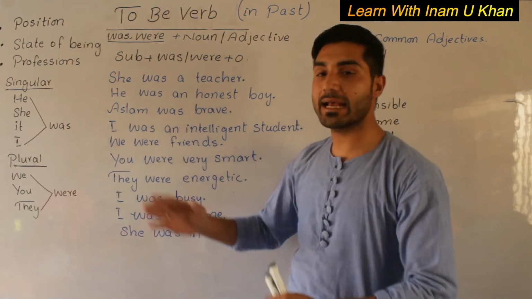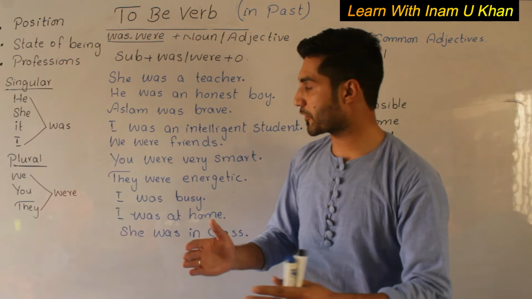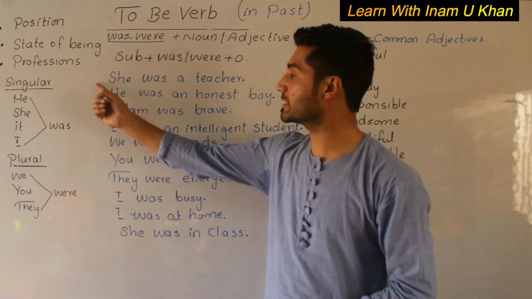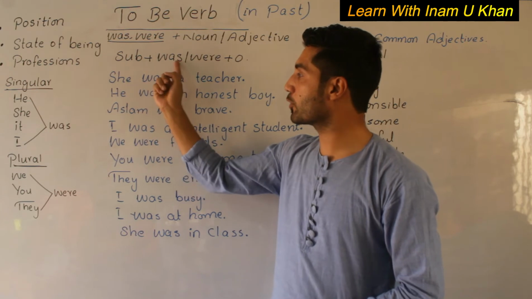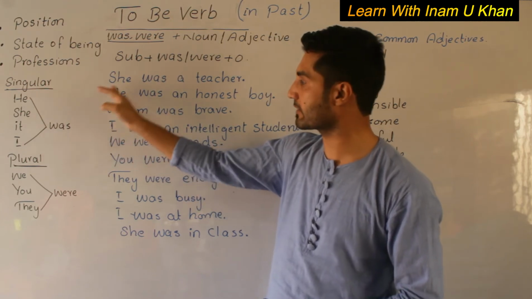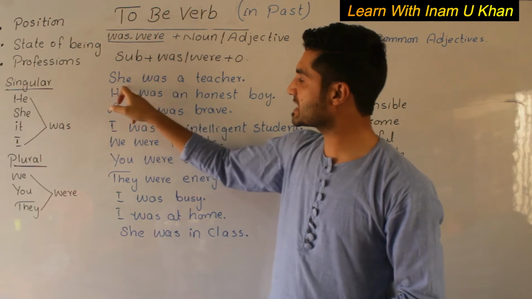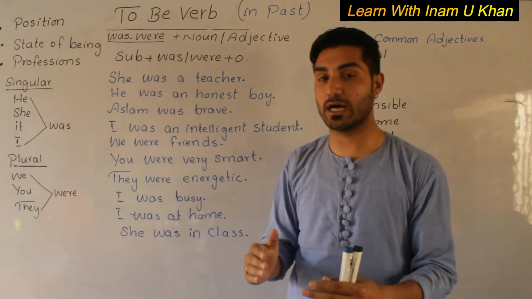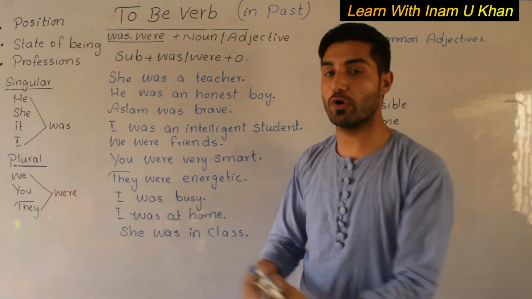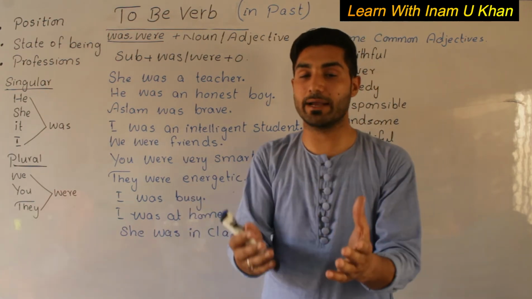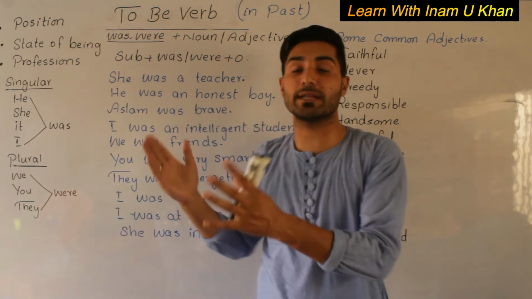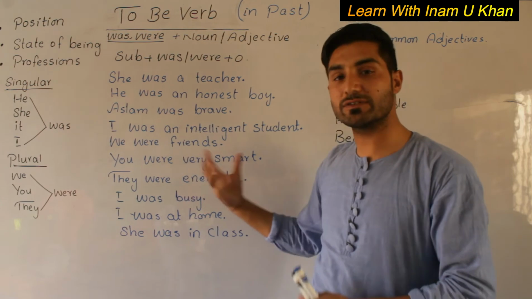And for interrogative sentences, you have a simple trick: you put the helping word, the be verb, before the subject. For example, we say, was she a teacher? This is a question now. That is the simple way you can make your own sentences, and whenever you define the state of being, professions and position of people in past, this is the way to do it.